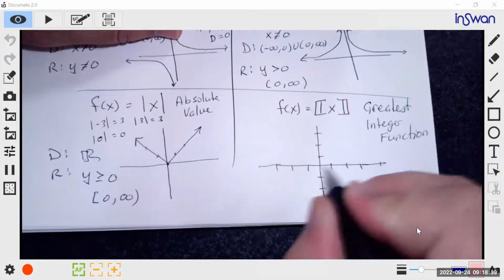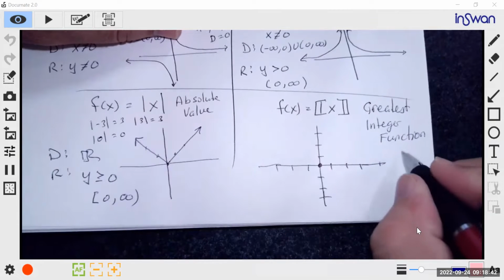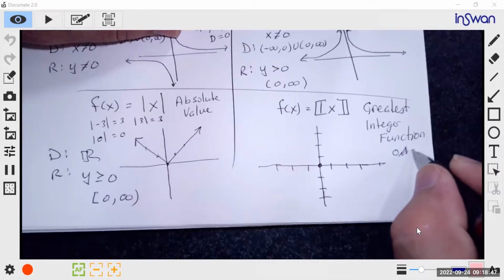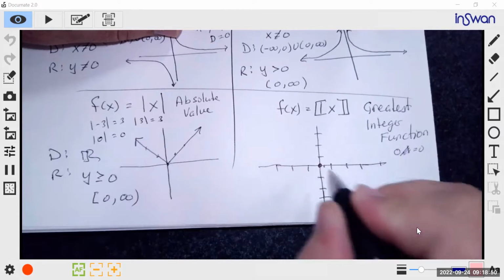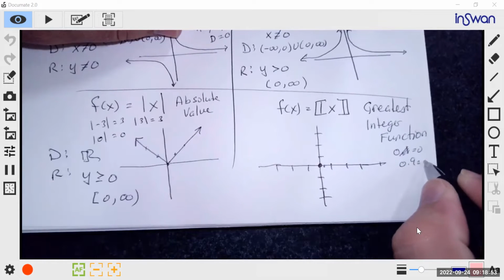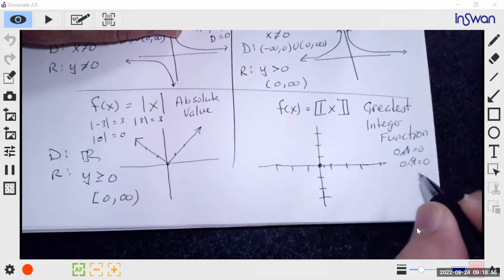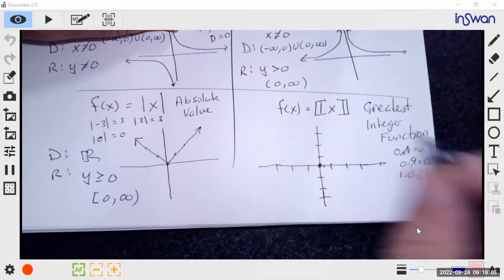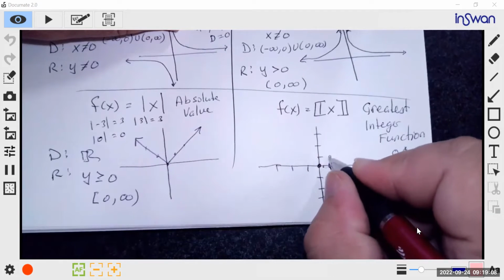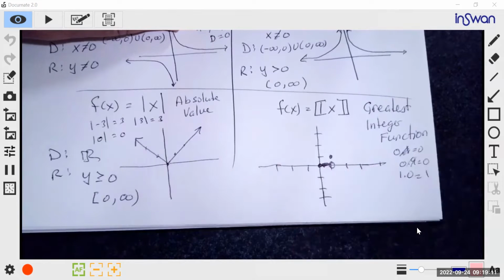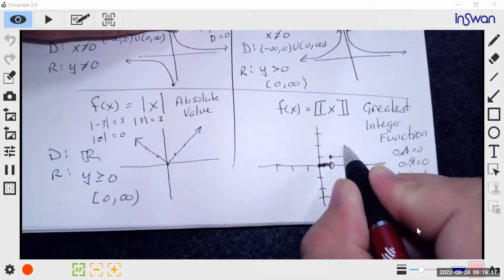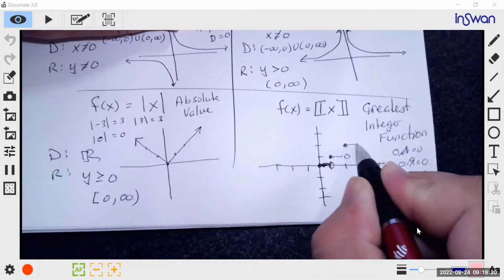So for example, when X is 0, the equation is 0. If I had 0.1 and I get rid of the decimal, I get 0. If I get 0.9, I get 0 because I drop the decimals. At 1.0, what happens? It becomes 1. So it stops at 1 and jumps up to 1. It goes all the way to 2 and jumps to 2, and so on.